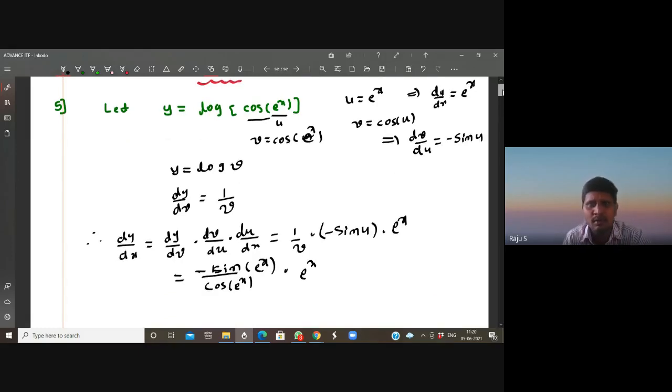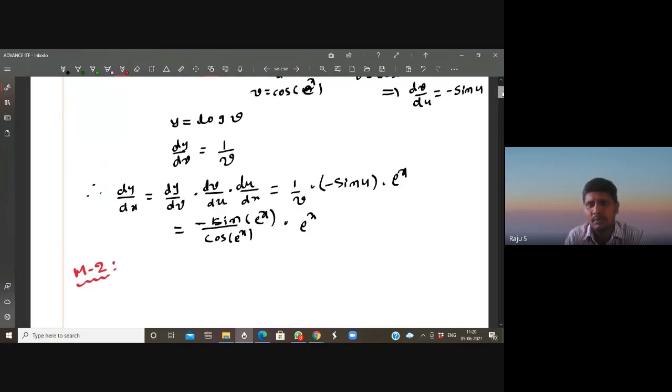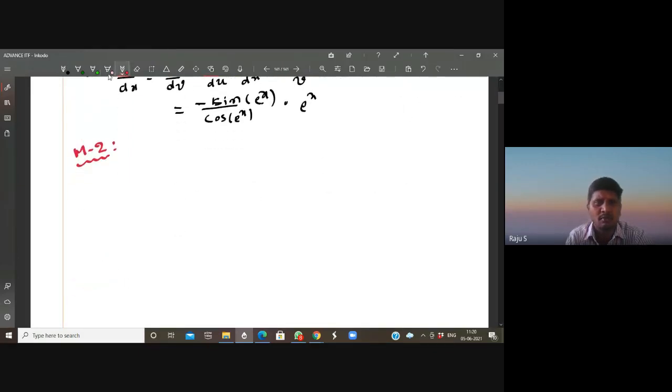But now I want to do it directly, method 2. Method 2 is also the same chain rule only, but we differentiate directly without substituting, without taking u is equal to e power x.